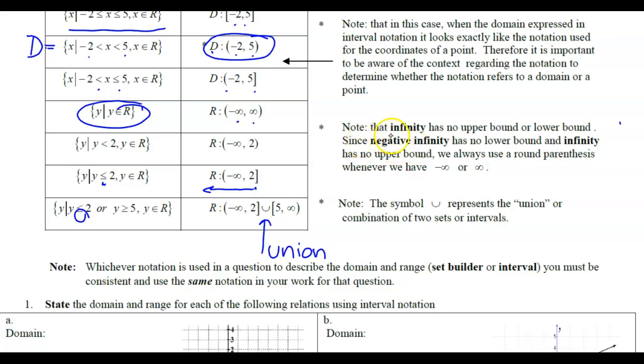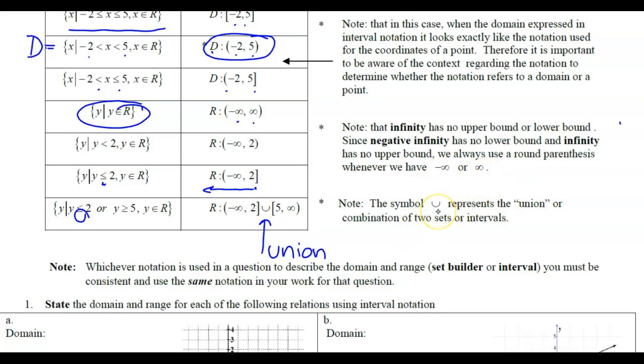Here, just a reminder, infinity has no upper bound or lower bound. Since negative infinity has no lower bound and infinity has no upper, we use round. Really, it's parentheses. I call them brackets, but it's really parentheses whenever we have infinity or negative infinity.